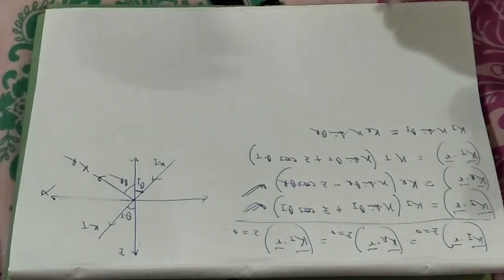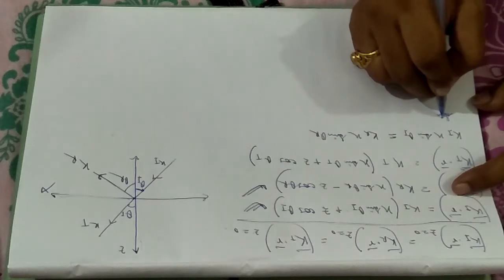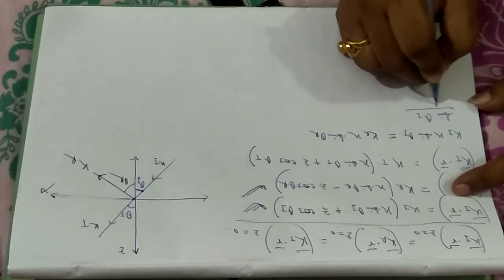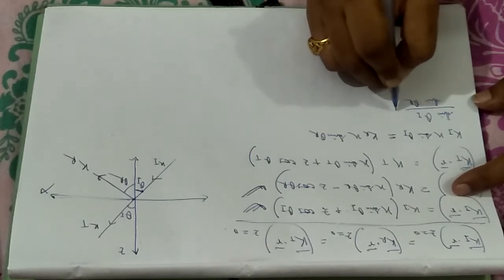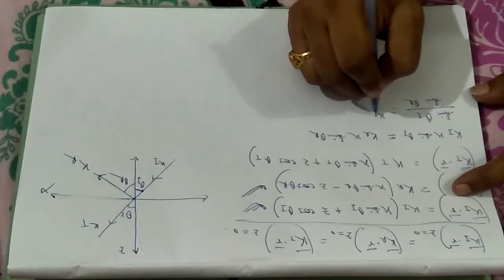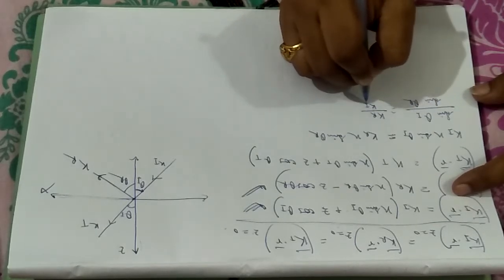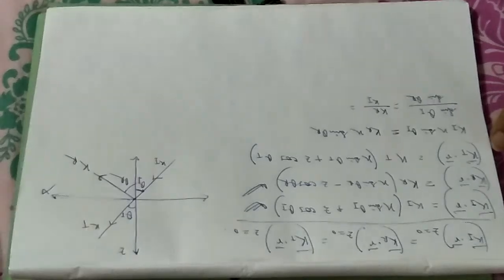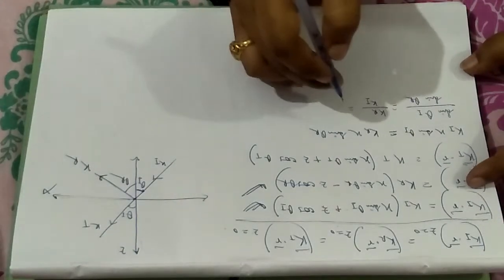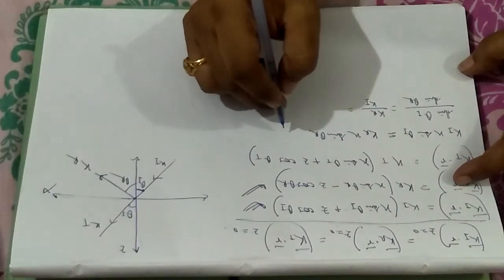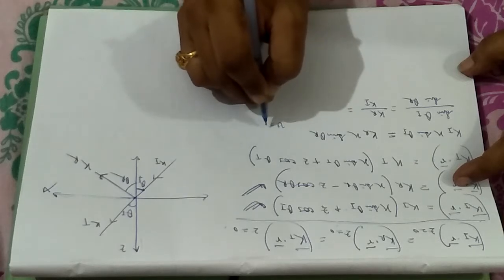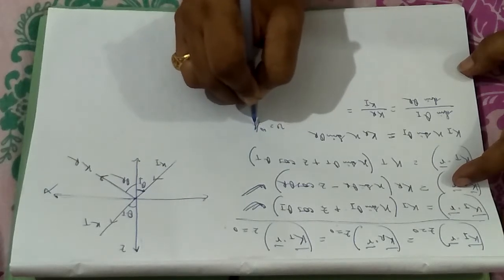x not equal to 0, so we can write sin theta i divided by sin theta r will be equal to kr divided by ki. You know that v equals omega by k.